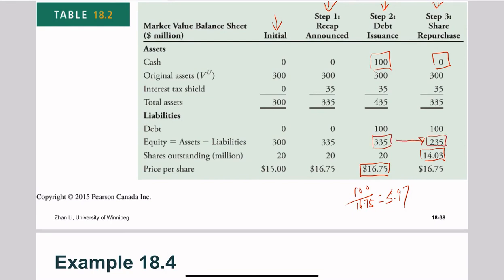And of course, now you could find out the share price, right? This number is essentially given by 235 divided by the number of shares outstanding, right? So 235 divided by 14.03 equals this share price.